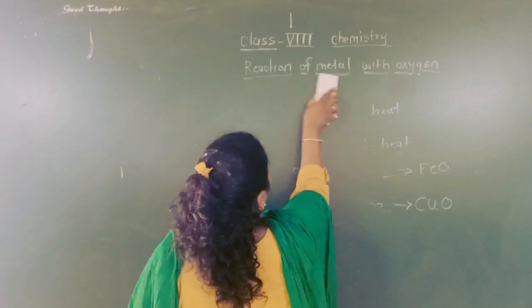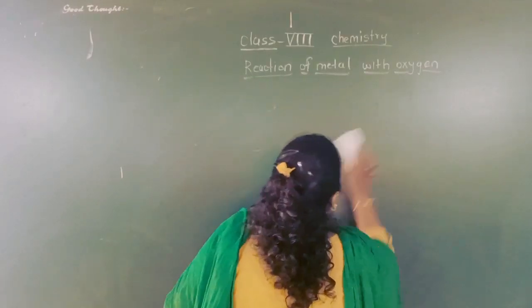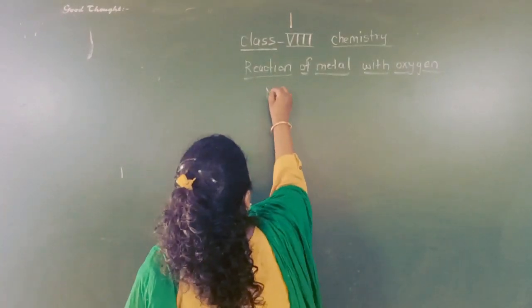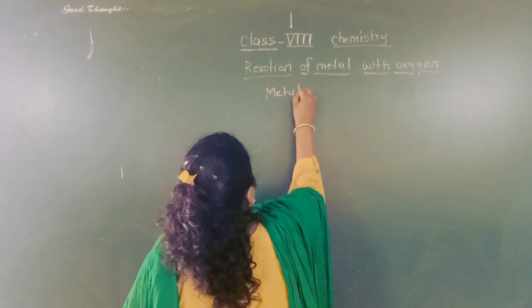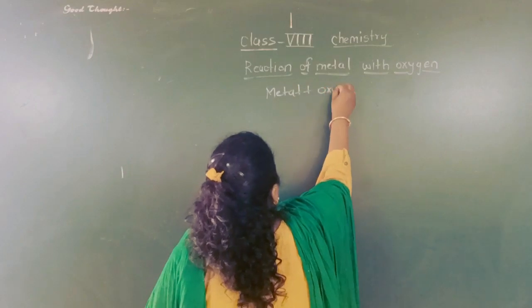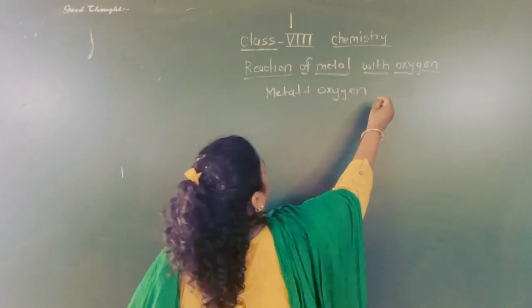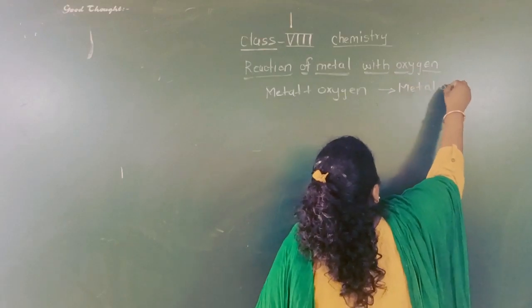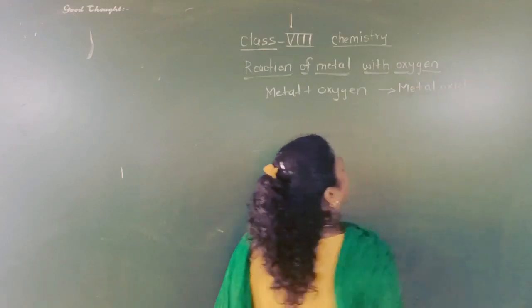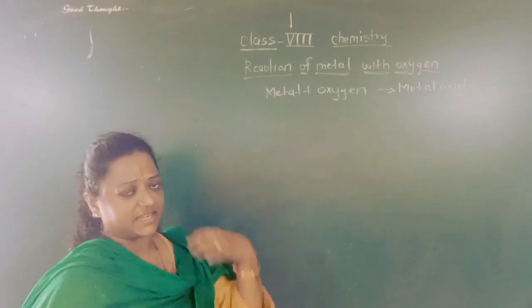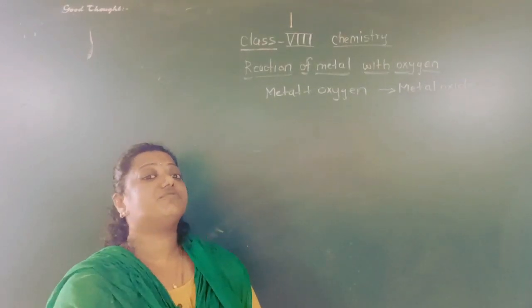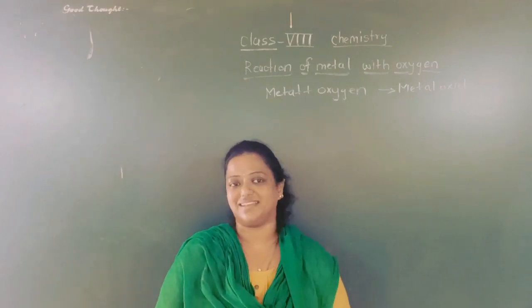Now we will move ahead. Suppose this is a metal. When it reacts with atmospheric oxygen in the presence of heat, it forms metal oxide. And if you dissolve this metal oxide in water, it forms metal hydroxide.